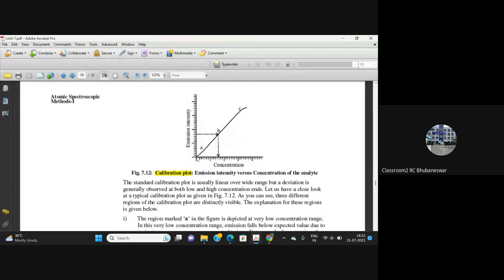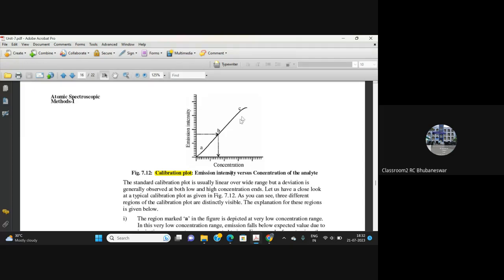Suppose you are taking a molecule or an atom, increasing the concentration on the x-axis, getting the emission intensity, and plotting it. It is a one-to-one correspondence, so you get a linear plot.